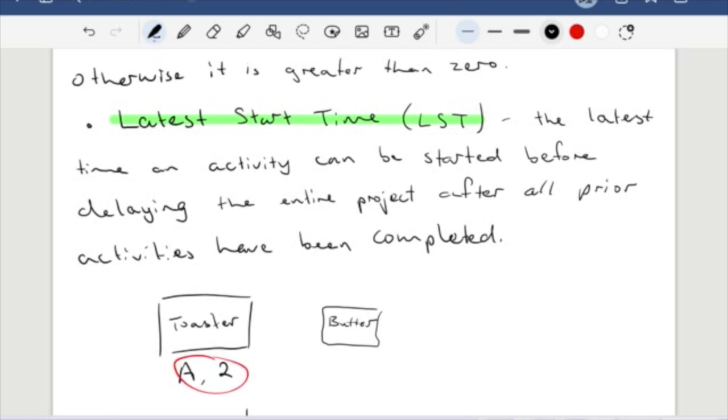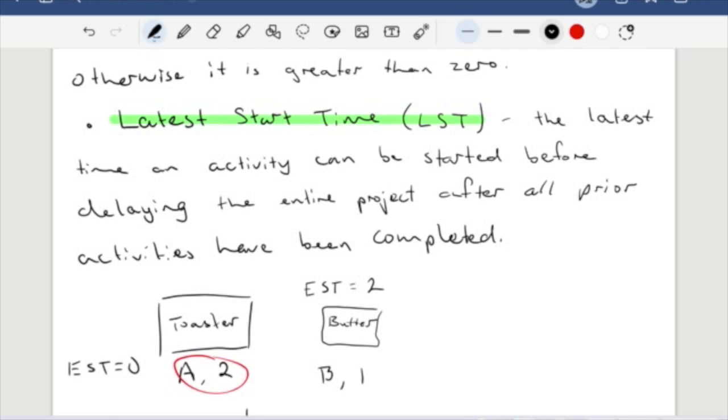So for my toaster, because it's the first activity, the earliest start time will be 0. The earliest start time for putting butter on my toast is going to be, let's say the time is in minutes, 2 minutes, because we can't do it until the 2 minutes have passed that our bread has been toasting. Let's call this activity B. Putting butter on our toast takes 1 minute.